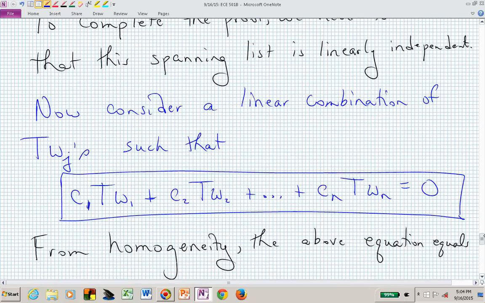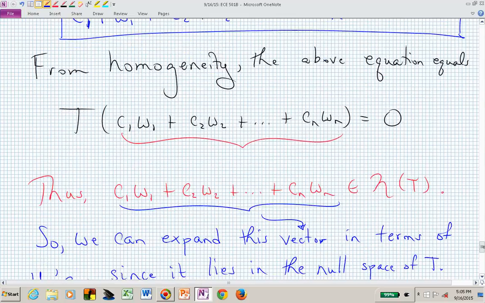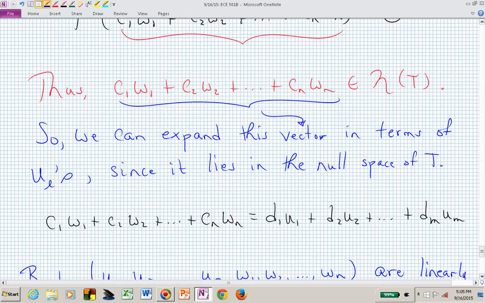Then we said, let's just find this collection that equals 0. The only way that we could have found this equation to equal 0 is if the C's are equal to 0. If TW1 and TW2 were actually the same vector, I could have picked C1 to be 1 and C2 to be minus 1, and that could have been 0 here. But in fact, that's not going to be true because of this relationship.